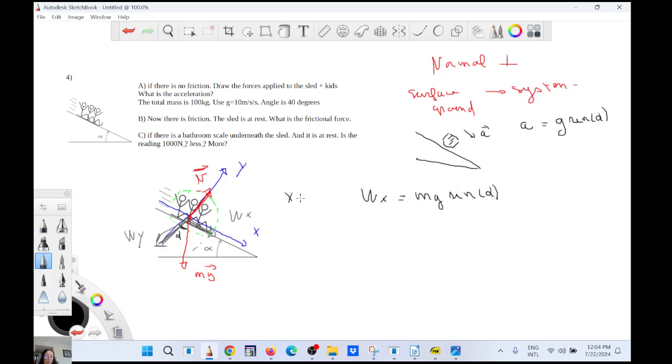So that will be along the x-axis. Then you use Newton's second law, F equals ma. So that's going to be m times the acceleration. So the acceleration will be, if you take g equals 10, 10 sine 40.